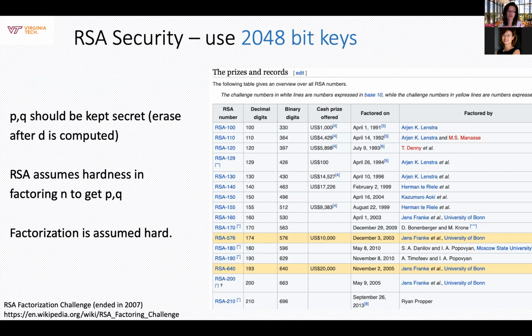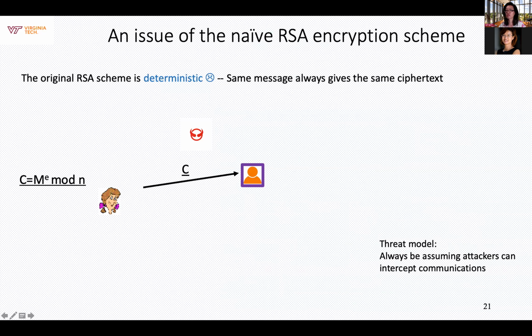In the past, RSA had the RSA factoring challenge, and some of the smaller moduli were broken, and then they got cash prizes. So use larger keys always, because especially if you run certain facilities, attackers may use brute force or more advanced techniques that are more efficient than brute force.